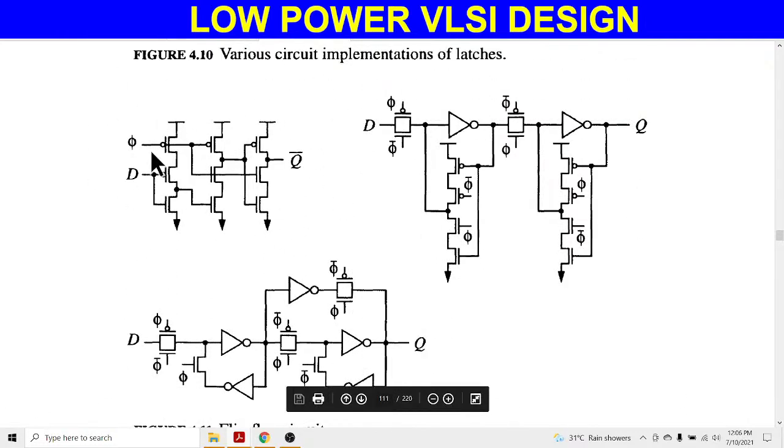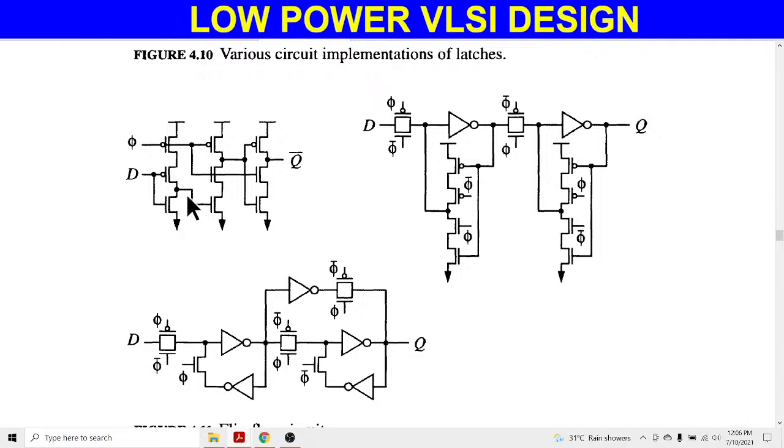So this first circuit eliminates the need for a dual phase clock pulse. How does it affect the circuit? Because when we provide a dual phase clock pulse in the circuit, to generate this dual phase clock pulse we need a phase splitter circuit.